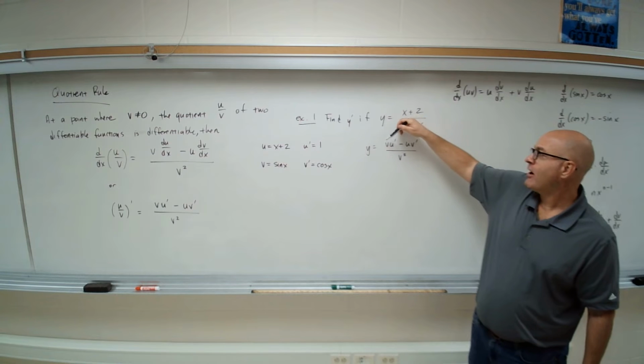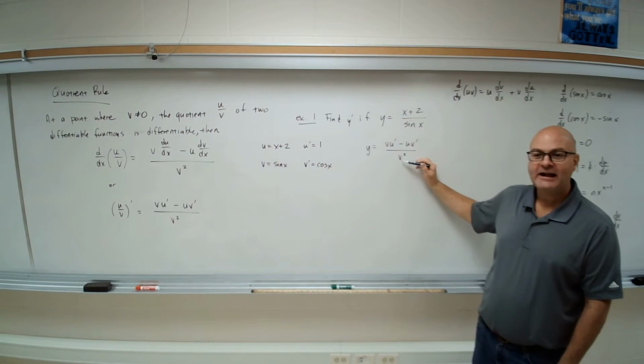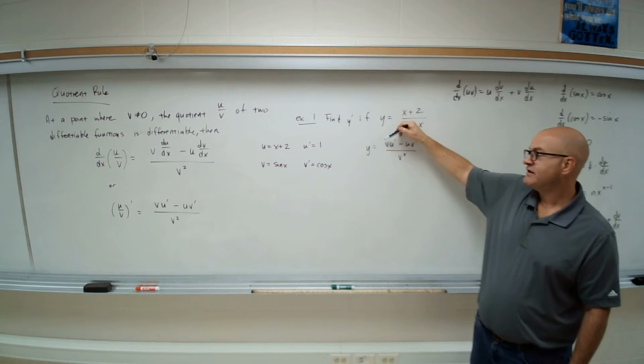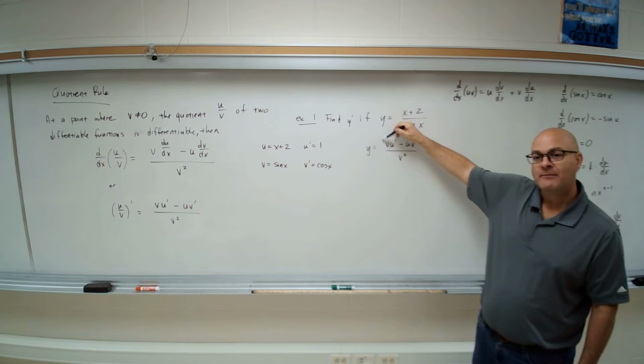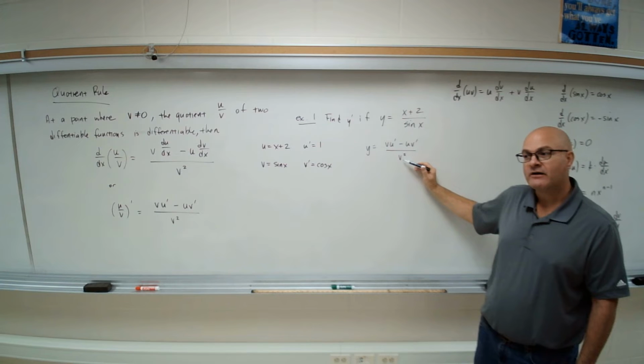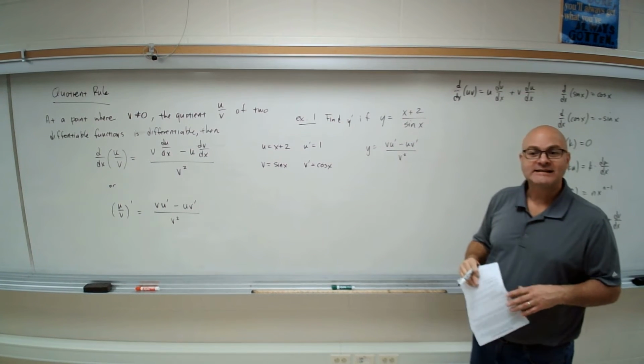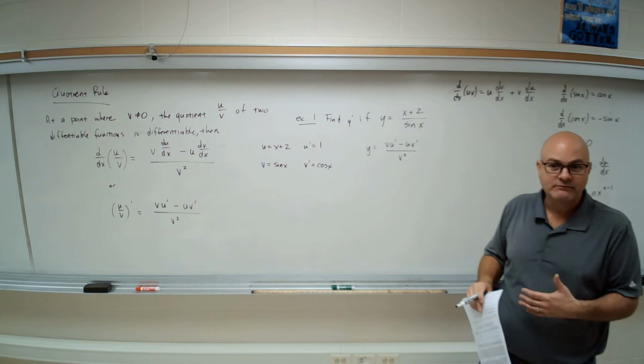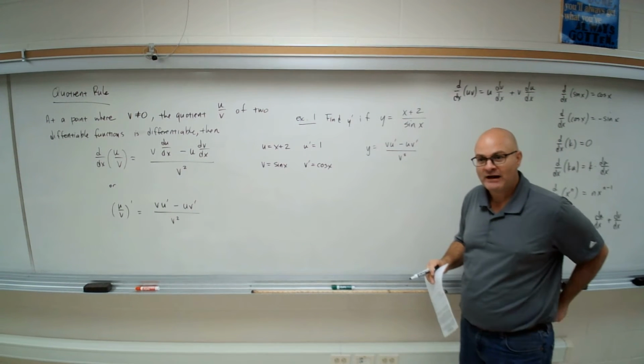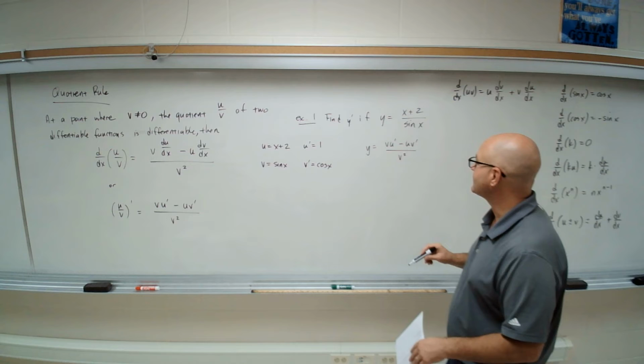But I always start with v and I end with v, right? Use the original v function here in the top left, in this first product. And then I use v squared. So it starts with the bottom and it ends with the bottom. That's the way I keep it straight. We'll talk about some other ways people have. There's rhymes and things. Maybe we'll look at that next week.